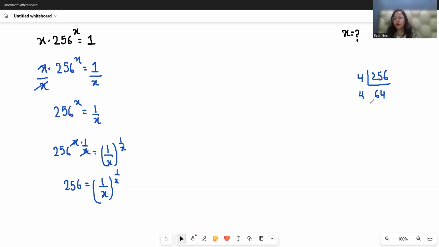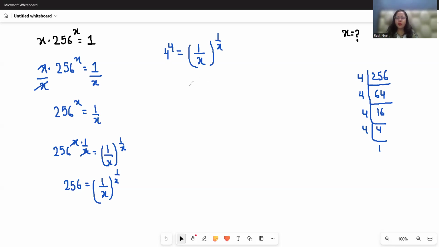Again with 4, 4 times 1 is 4, 6 again with 4, 4 and 4 with 1. So 256 I can write as 4 power 4, which equals 1 by x power 1 by x.